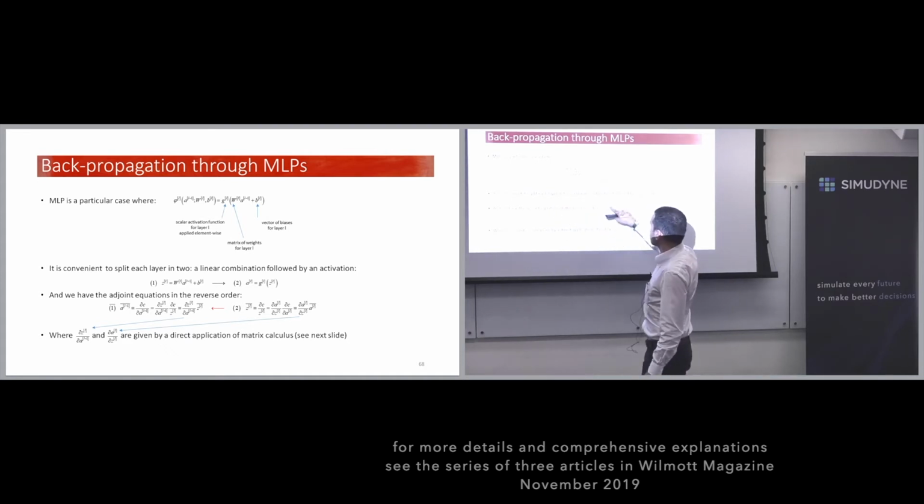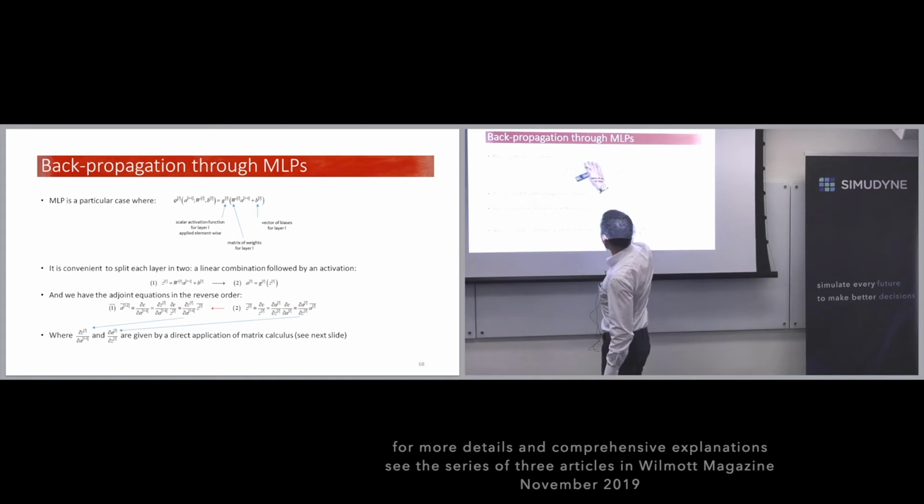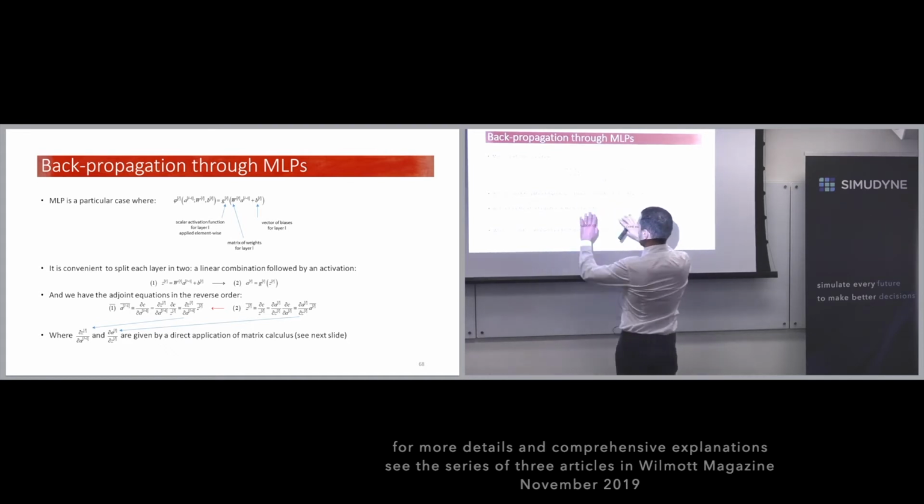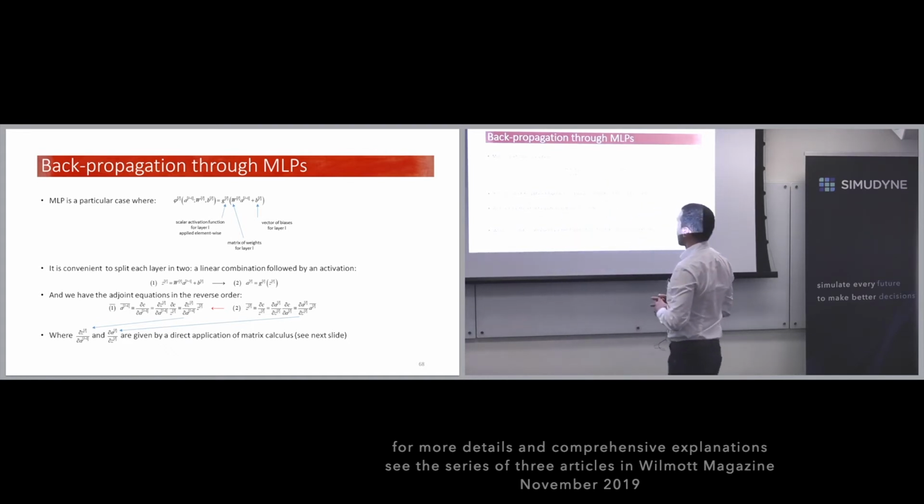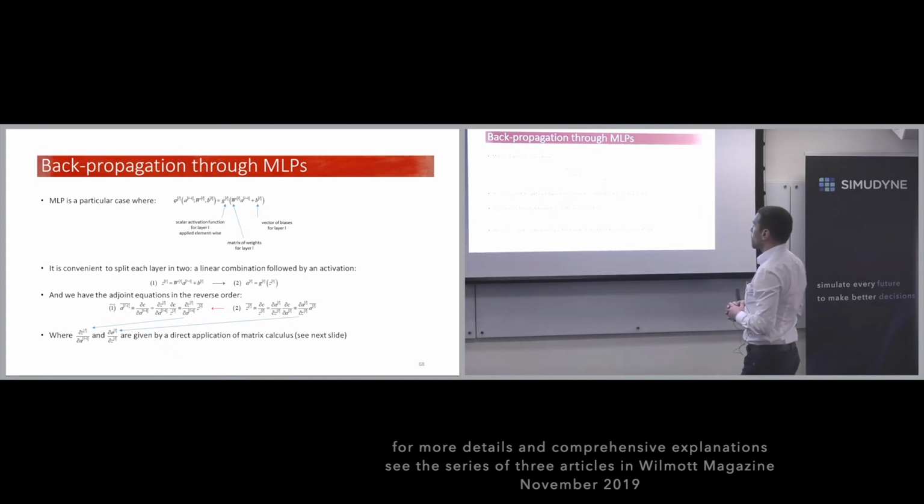And then I produce AL by an element-wise application of G to the elements of ZL. So instead of considering it one operation on one layer, I consider it as two sequential layers. So why do I do that? Because it's much easier in this case to derive the adjoint equations.